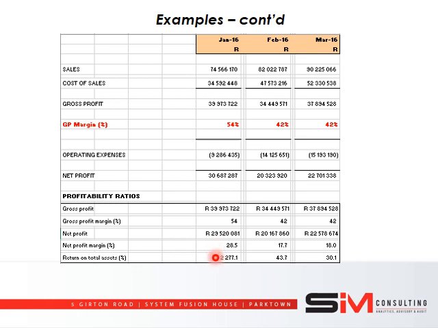Same with return on total assets. In January you had the result showing 2,277.1%, and in February you are showing 43.7%. Again, a decline of 2,234%. Let's just stop there.